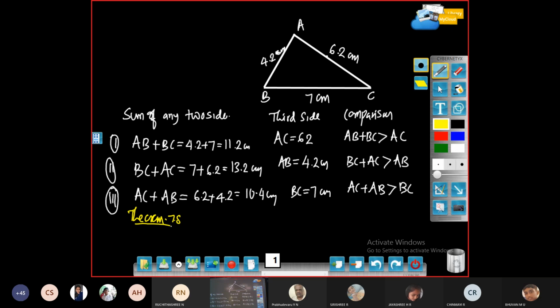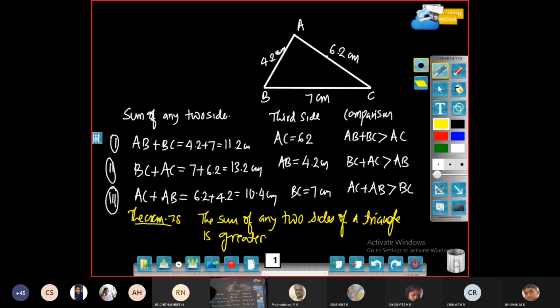The sum of any two sides of a triangle is greater than the third side.